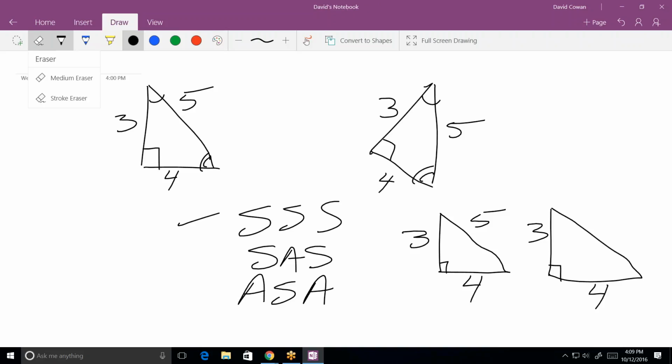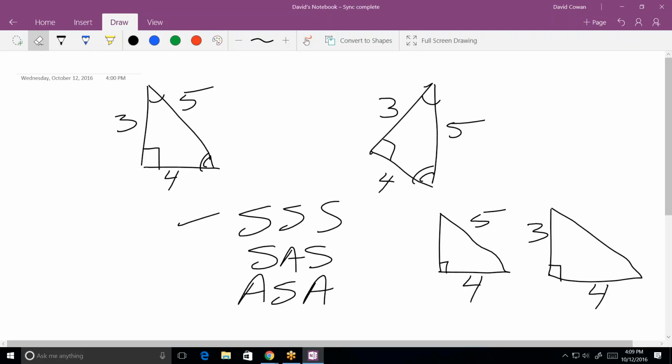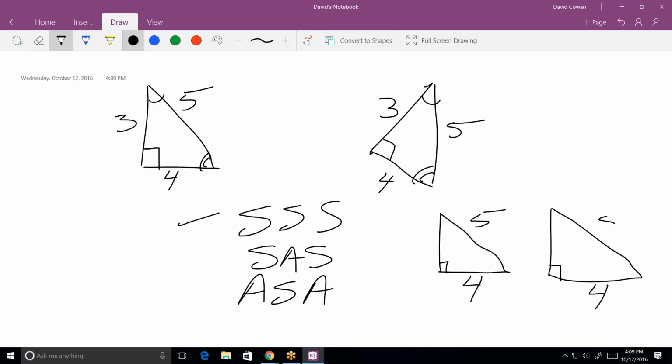Let me just draw this real quick. If I had that, that would not be side angle side. You see why? When you talk about side angle side, you're talking about in a row.